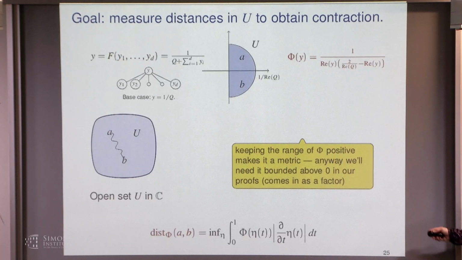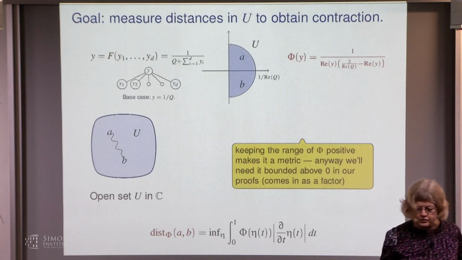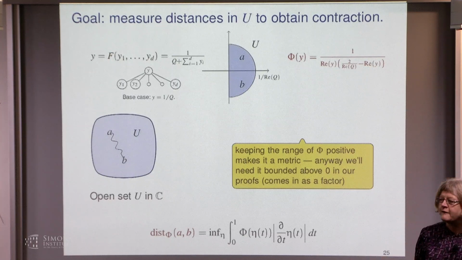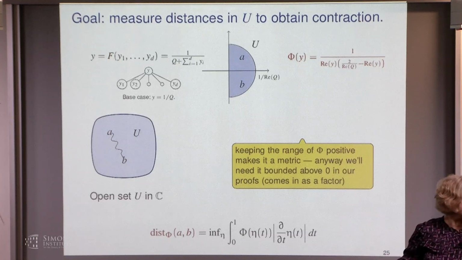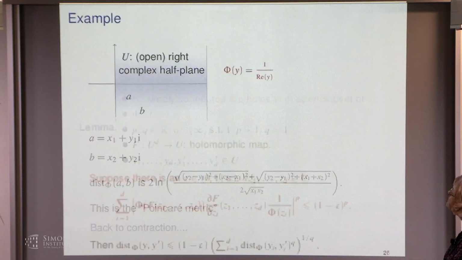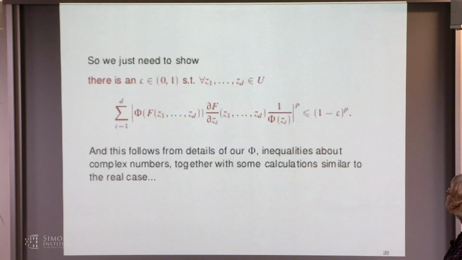It needs to be greater than 0 in order for this distance measure to be a metric, and it also needs to be bounded, because this is going to come in. I don't want to belabor the point too much, especially because I've not got much time left. But if you measure the distances this way and then use the Q norm, which would be the right one, you get contraction.